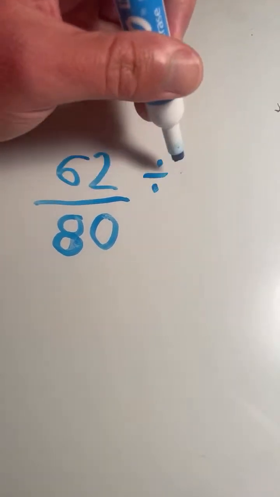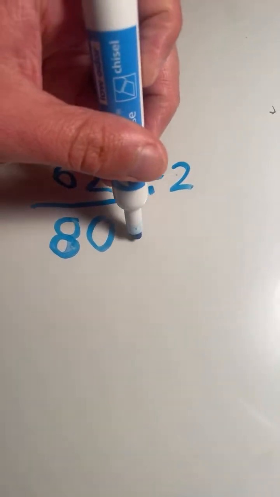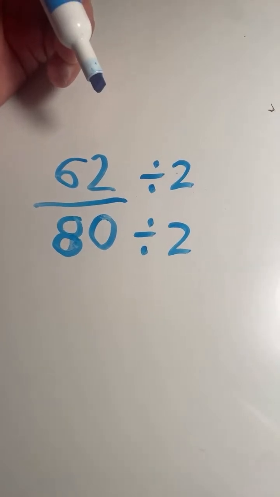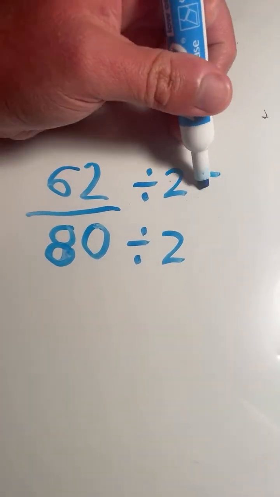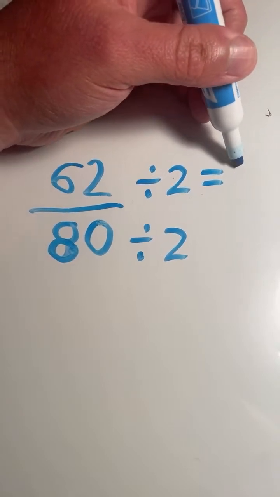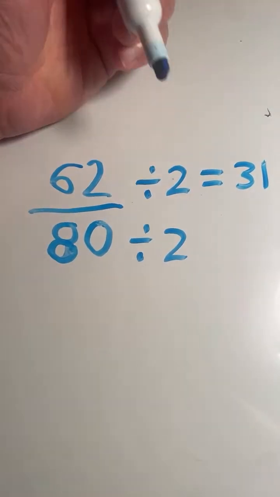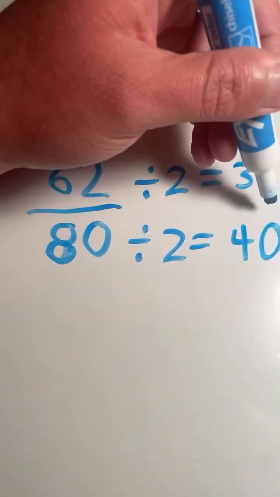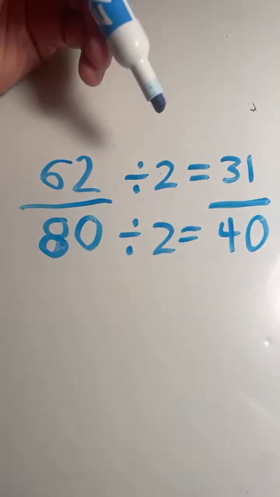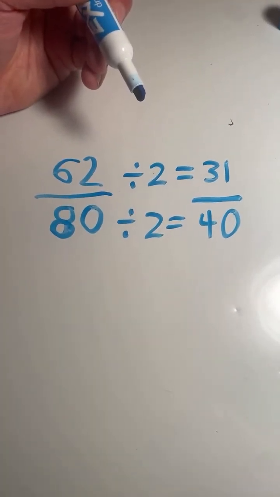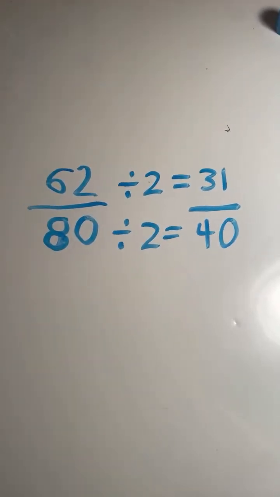So 62 divided by 2, and 80 divided by 2. So 62 divided by 2 equals 31. 80 divided by 2 equals 40. So 62/80 reduced to lowest terms would be 31/40.